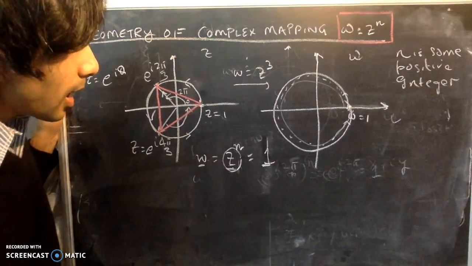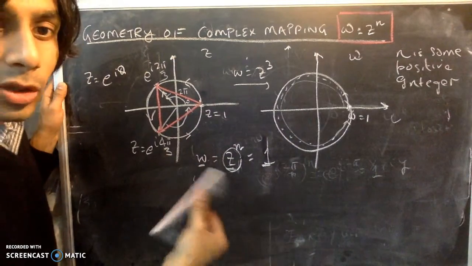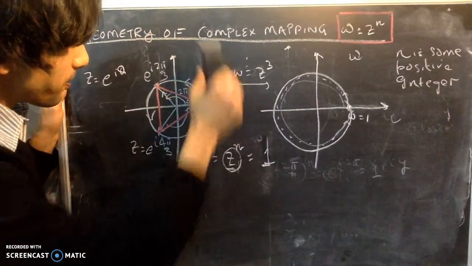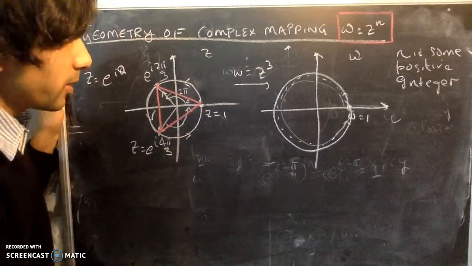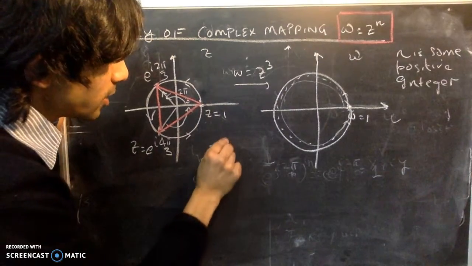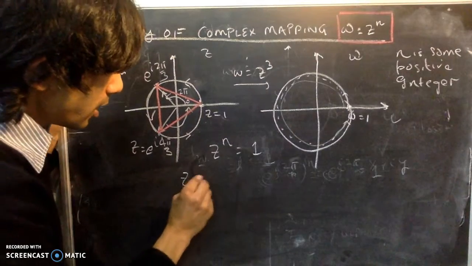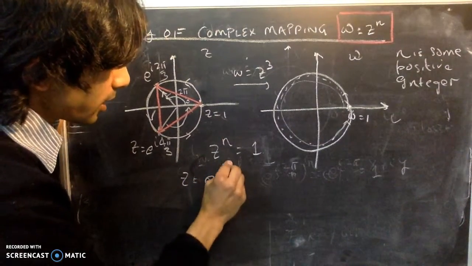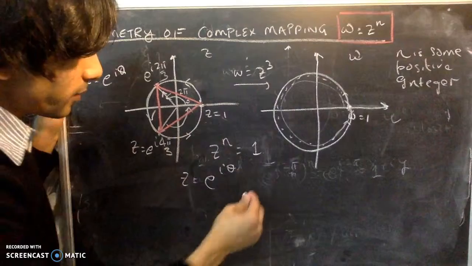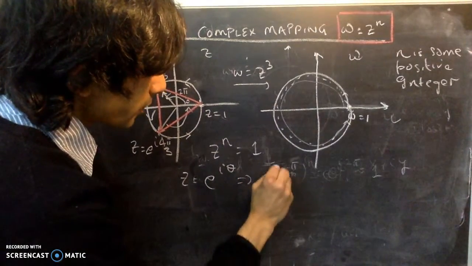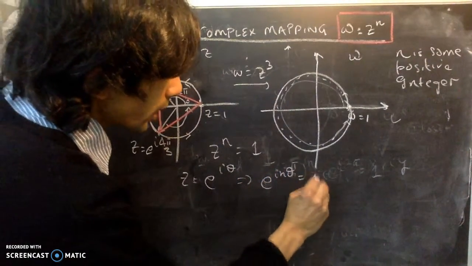We can make this more explicit by solving this equation algebraically. If we are solving the equation z to the power n equals 1, and we take z to be e to the power i theta, then the equation that we are solving is e to the power of i n theta equals 1.